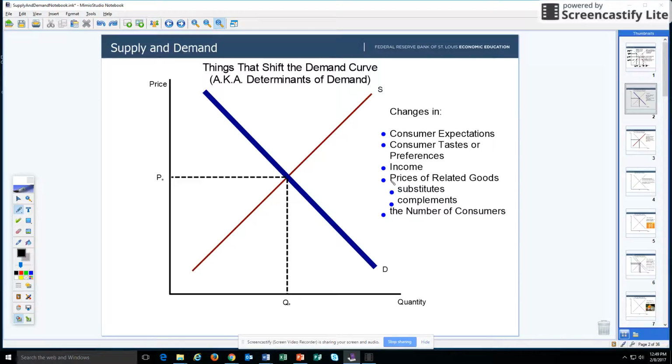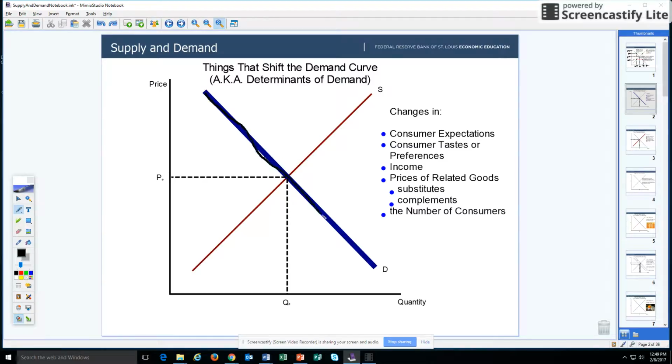Substitutes: say my favorite kind of donut is for some reason $2, but there is another donut that I kind of like that I could buy instead that's only 50 cents. I am most likely going to end up buying the cheaper donut because it's a substitute. I'm going to be just as happy-ish with the other donut.